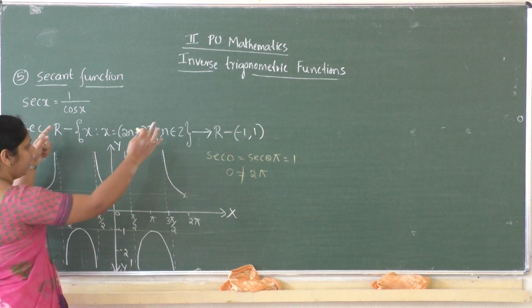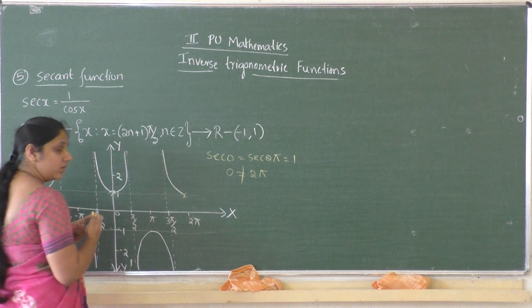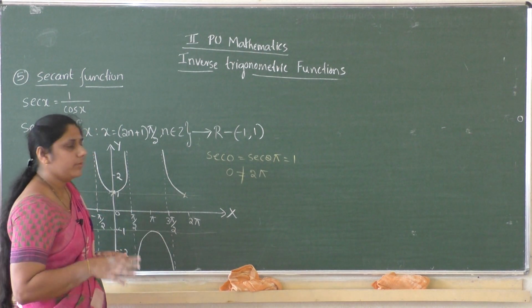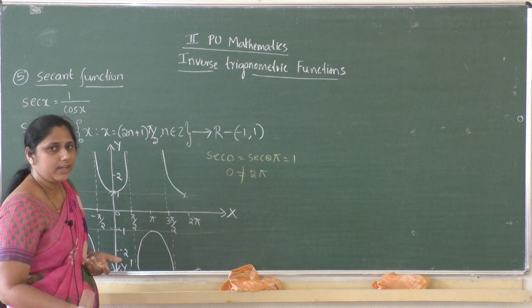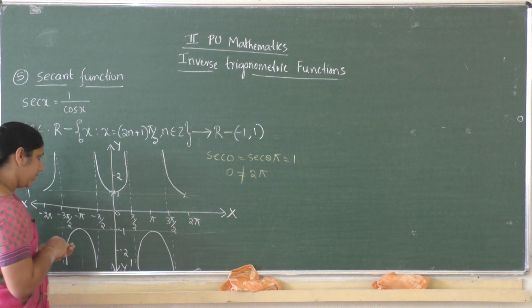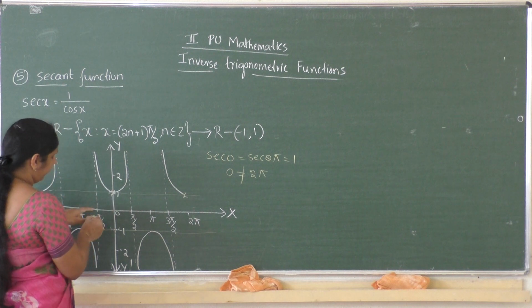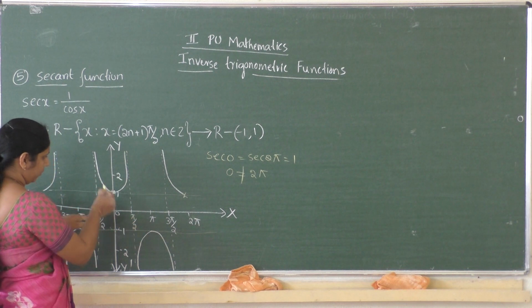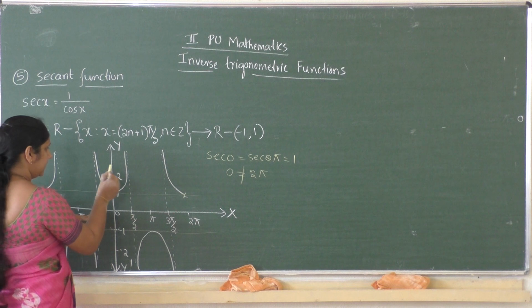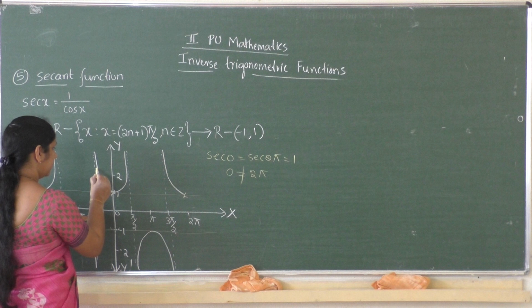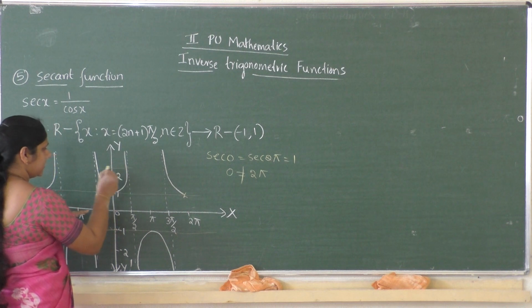So we have to divide the domain of the sec function into particular intervals so that the function will be both 1-1 and onto, so that we can find sec inverse. Now see, if I take it from minus pi by 2 to pi by 2, the values repeat.